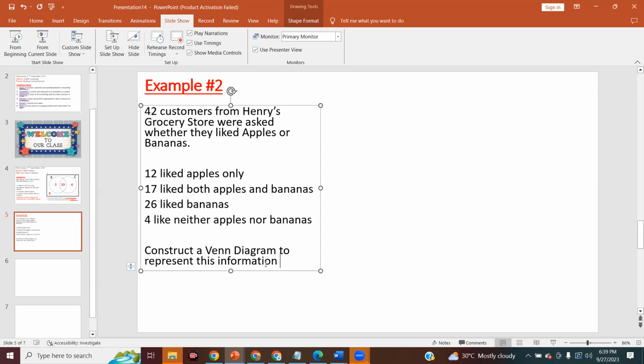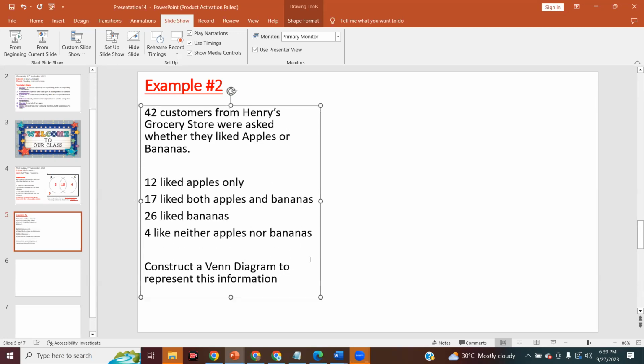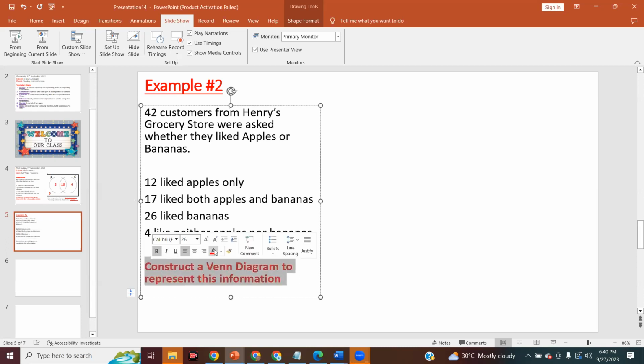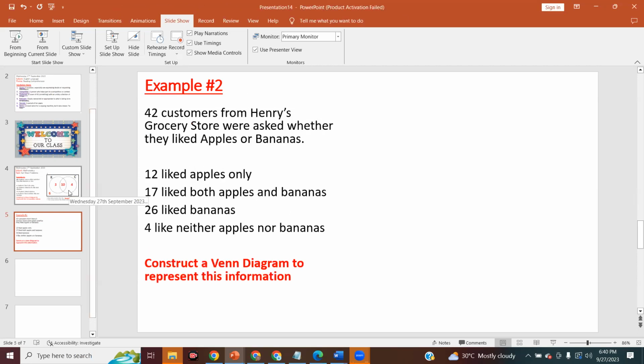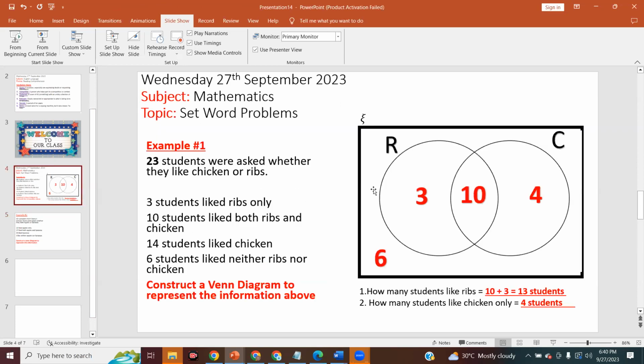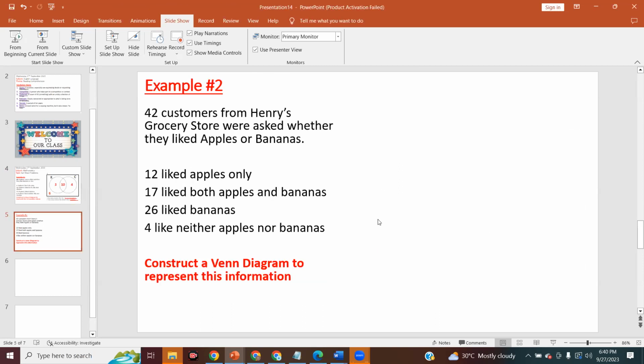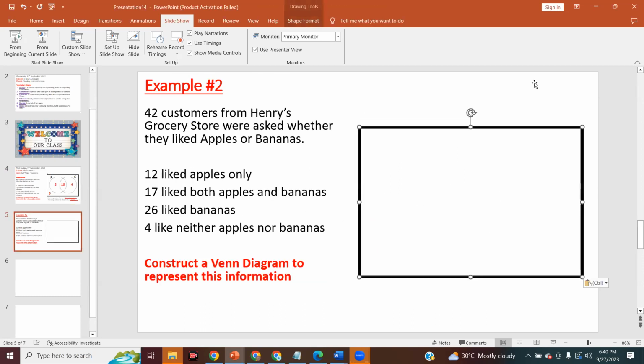Sorry, Mr. Petit, question. In the test, will they be giving you the diagram, or would we have to draw a diagram like that too in the test?